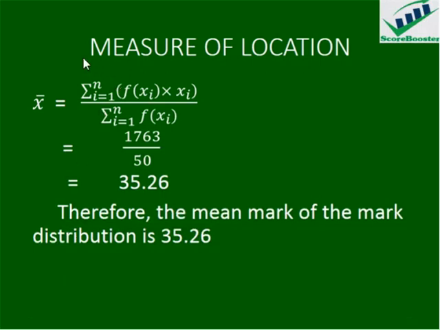So now this is the formula for the mean. The summation of the product of frequency and its item is given as 1763 from here.